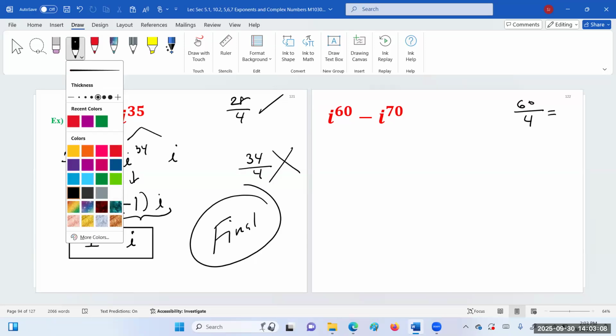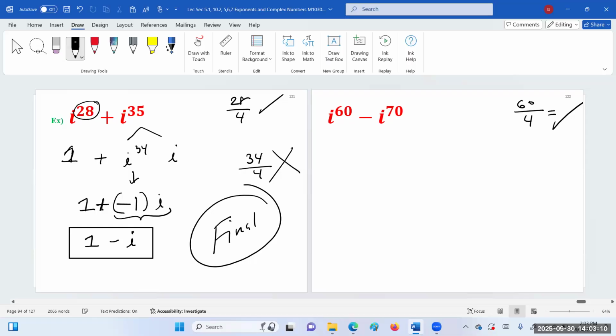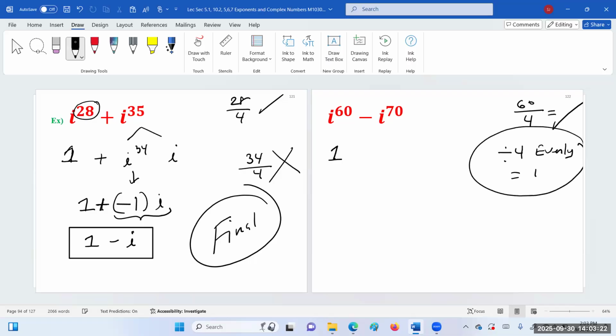Can you divide 60 by 4 evenly? That means the answer is positive 1. If we can divide by 4 evenly, the answer is 1. Cannot divide by 4 evenly, the answer is negative 1. This is the rule, okay? Second trick rules.